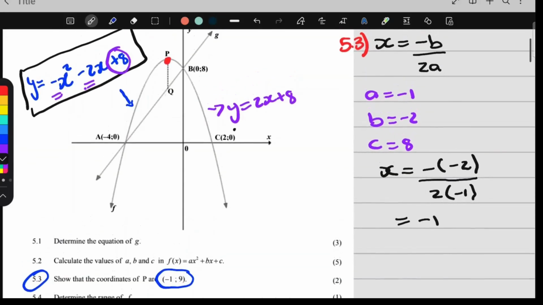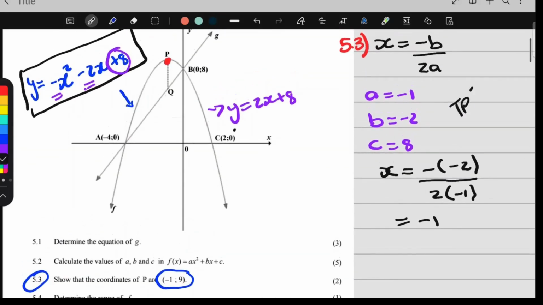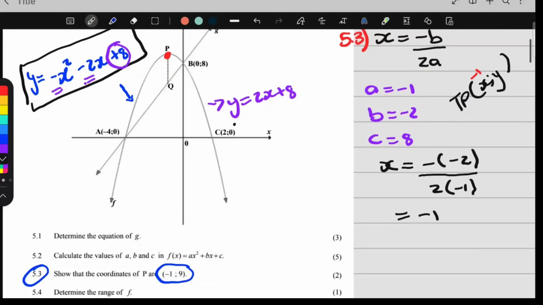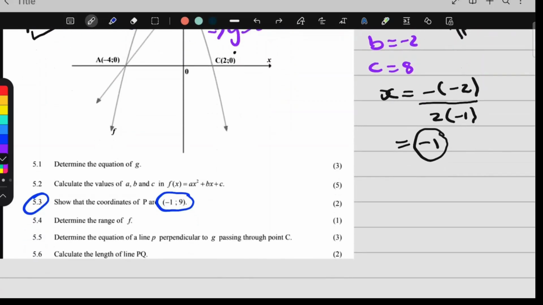Now to get the y value, because a turning point has an x and a y value. Your x value is negative 1. To get the y value, we are going to sub in this negative 1 into our equation. So I am first going to write f of x down again. So f of x is negative x squared minus 2x plus 8. And into this equation, I'm going to make my x negative 1.